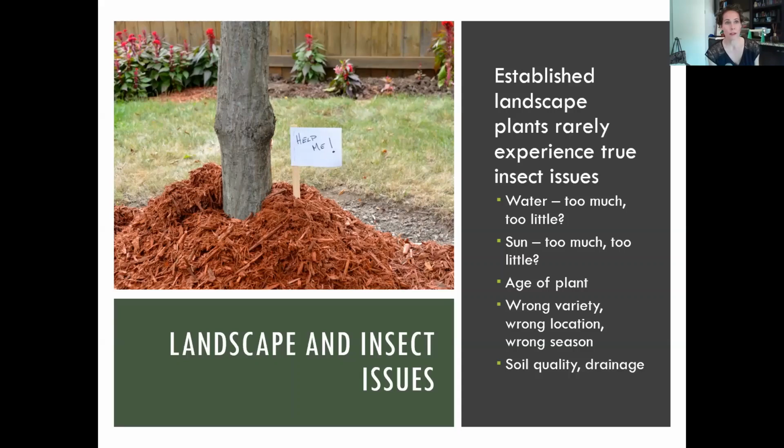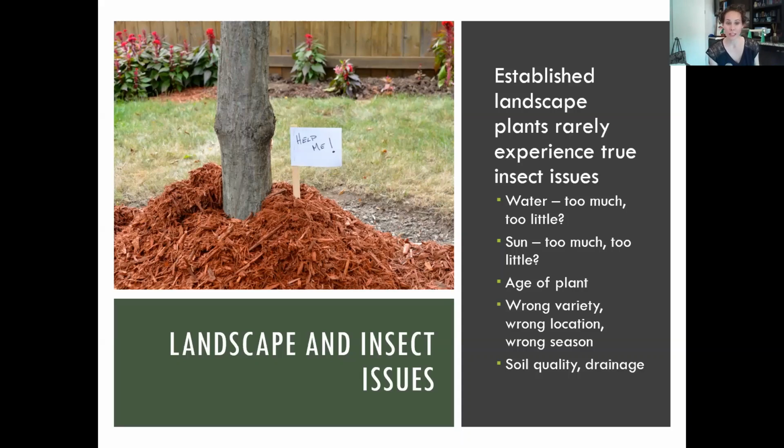If you think about trees outside or shrubs or bushes that have been there for a good long time, you don't often see significant insect damage. You can see insects on them, but usually it's not major damage. It's the young transplants that you are first putting in, in the springtime or even in the fall or all year round. Those young baby transplants are generally the most vulnerable because they are really tender and juicy and easy for them to feed on.